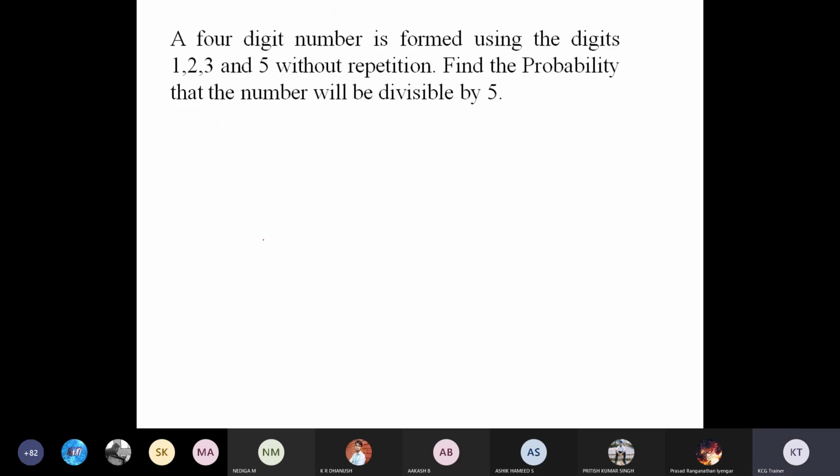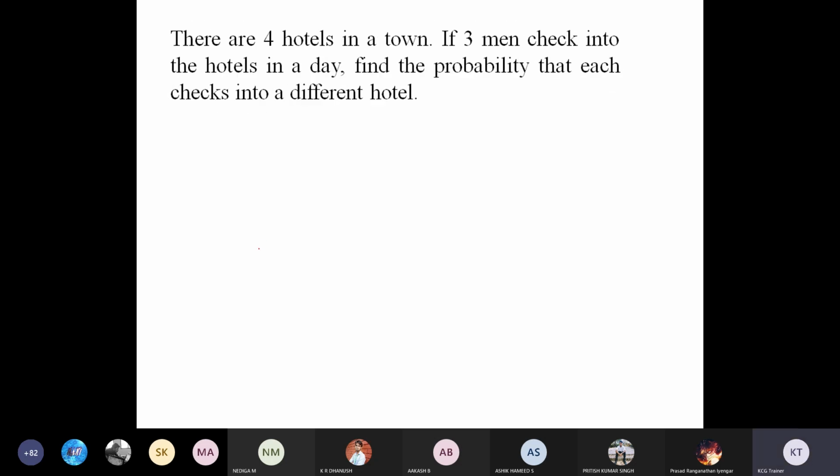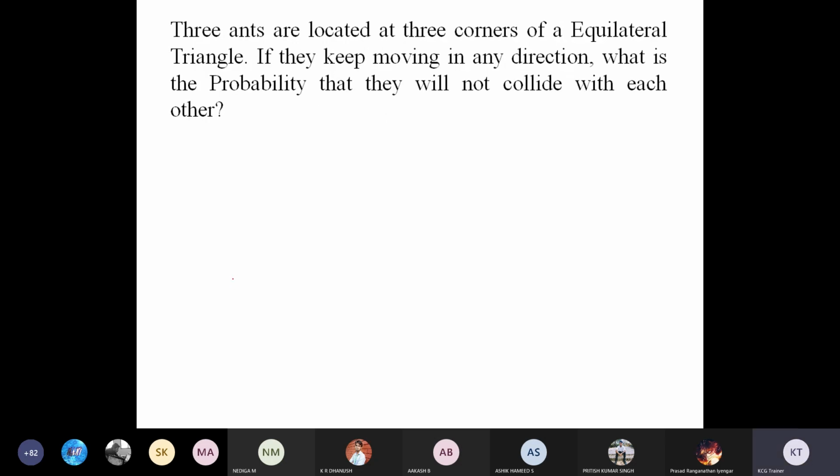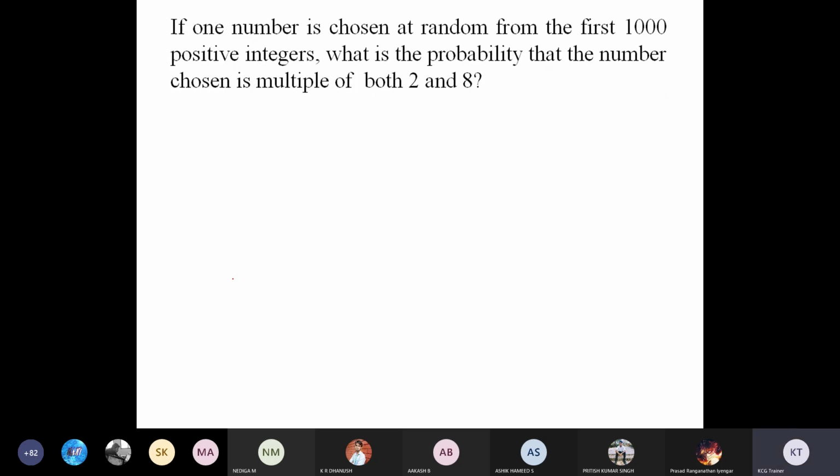Fourth. Fifth. Sixth. The last, seventh one.